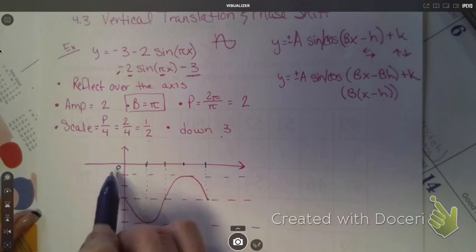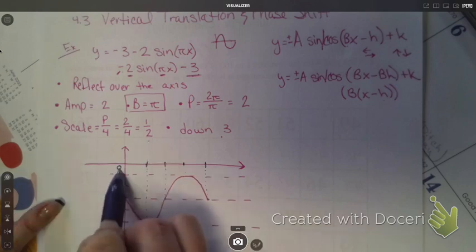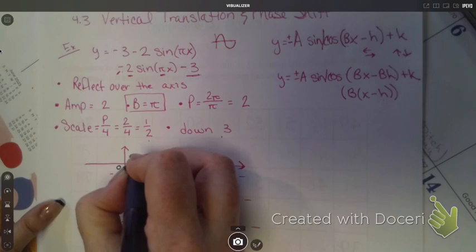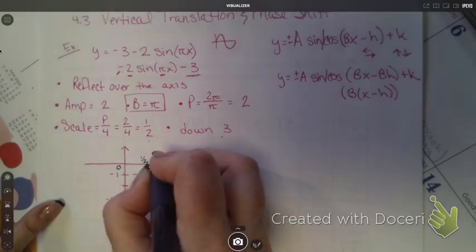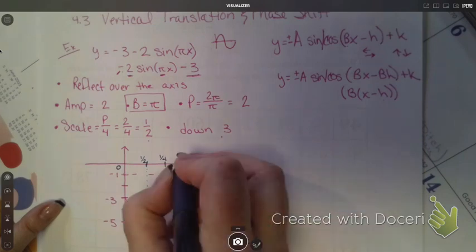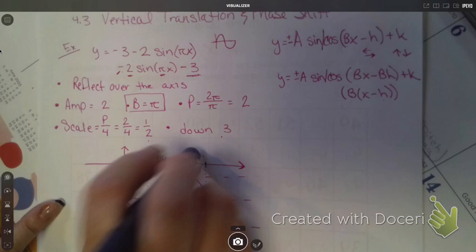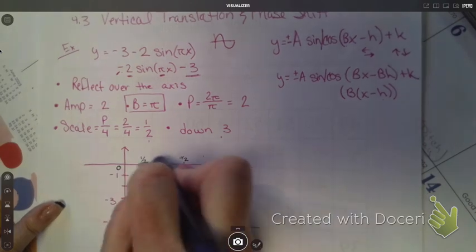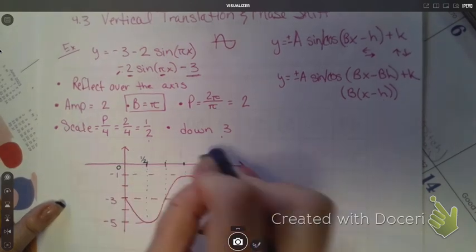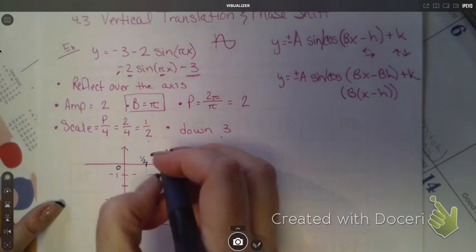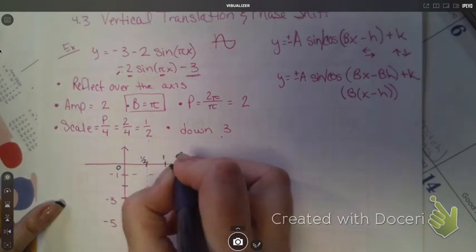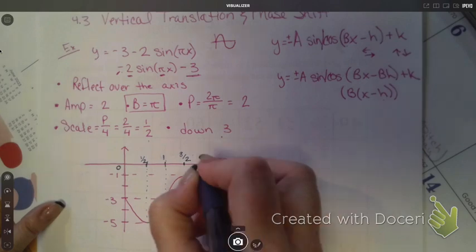So we started at 0, so we get a half, then 2 halves, and 3 halves, and 4 halves. 2 halves would be 1, yes. Then 3 halves and 4 halves would be 2.